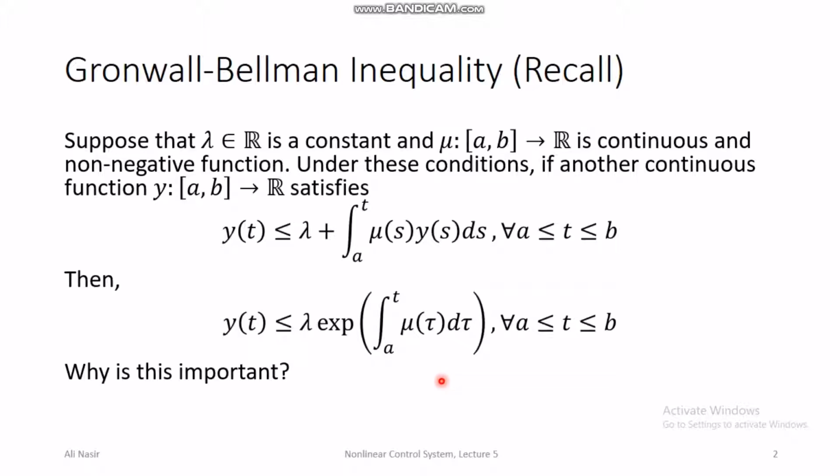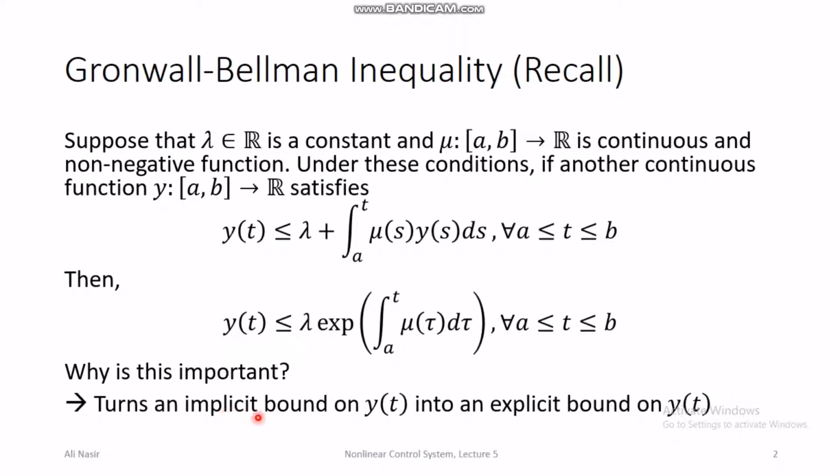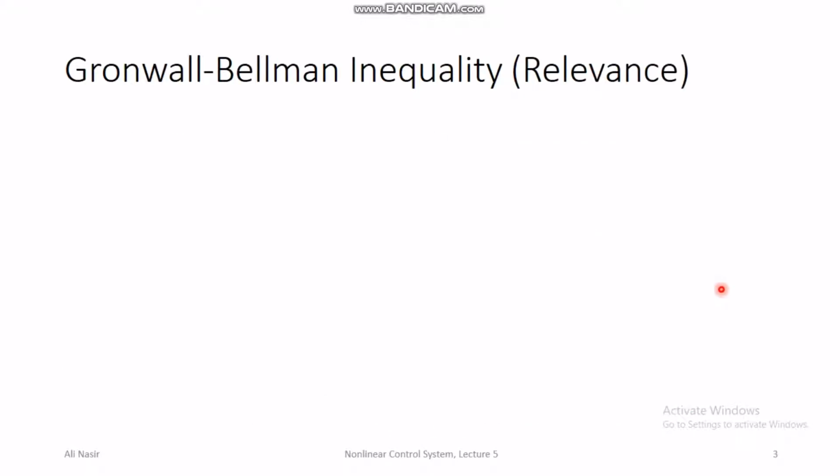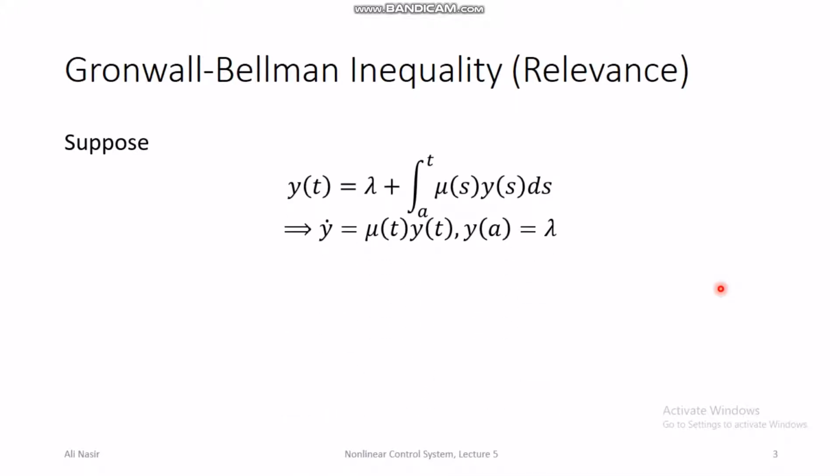So why is this important? I've already told you that this turns an implicit bound on y of t into an explicit bound on y of t. And why is it relevant to nonlinear control systems theory? Well, the reason is that if you look at the solution of the differential equation y dot equal mu of t y of t, this looks like a linear system.